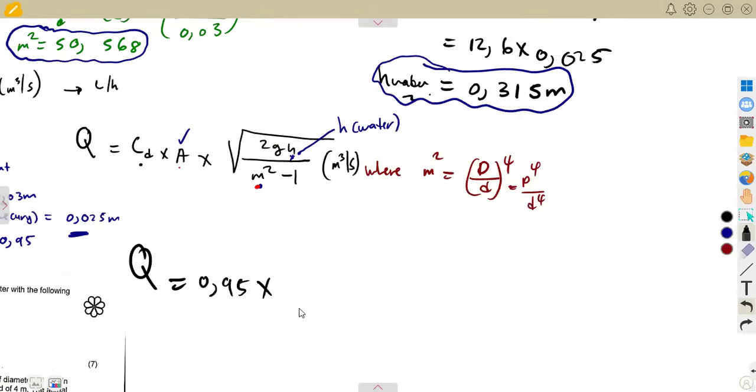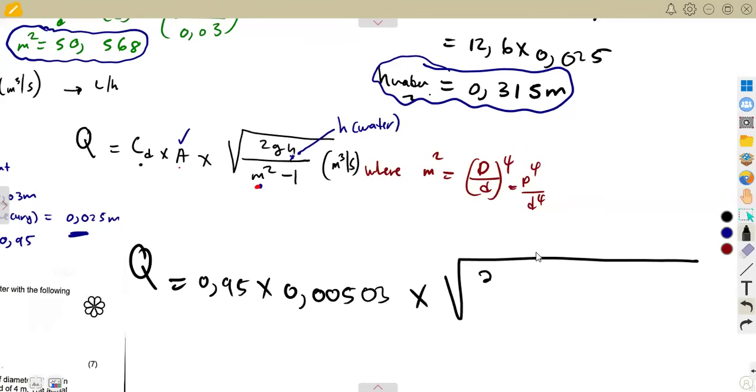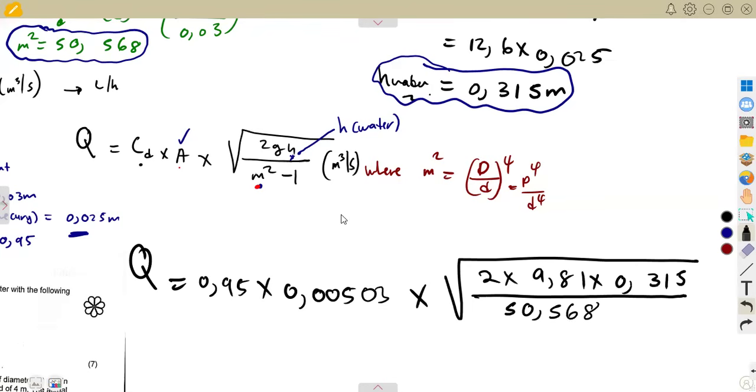So this is 0.00503 times the square root of 2 times the gravitational acceleration of 9.81 times h, which is the head of water, 0.315. So this is over, we're going to divide everything by what? M squared. We calculated m squared is 50.568. Don't square it already, it's m squared as it is. So this is 50.568 minus 1.